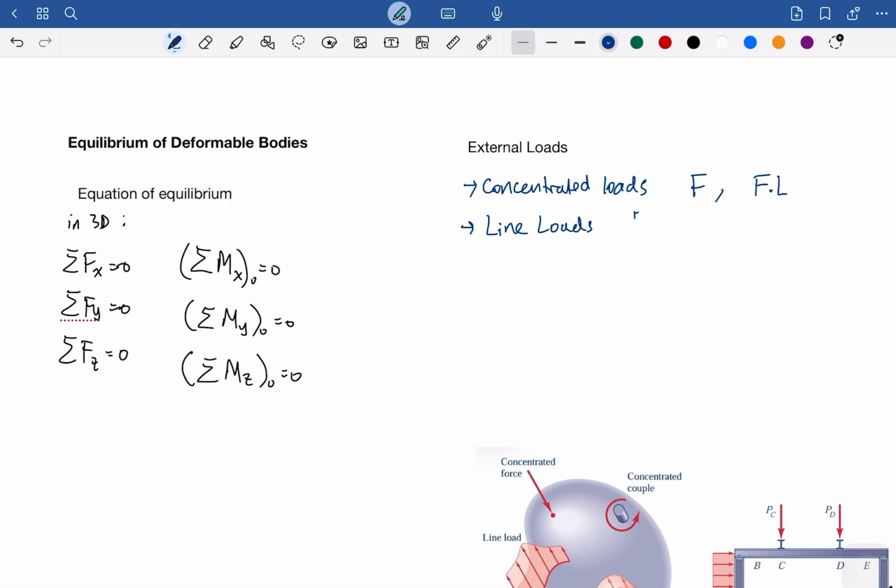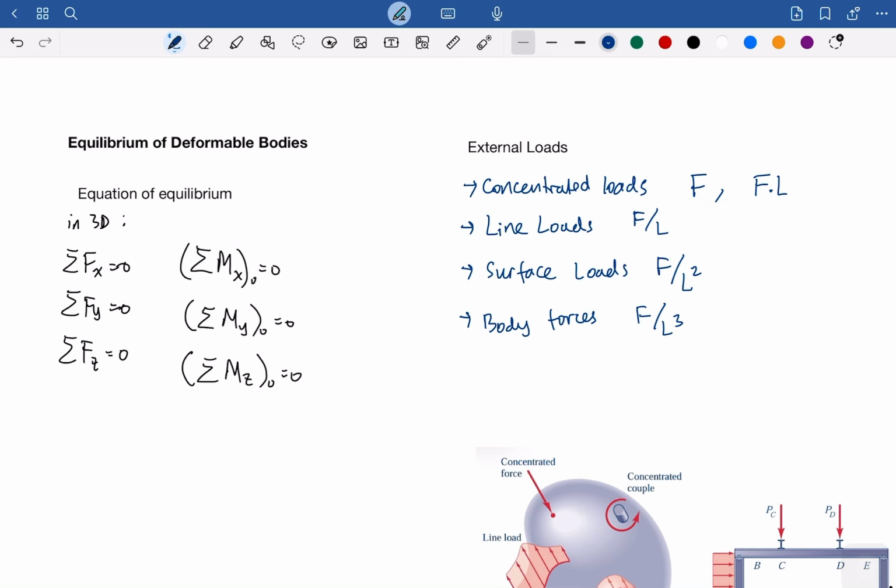So this will be F over L. And then surface loads, what does that mean? It means that it depends on the area of the surface. So F divided by L squared. And then also body forces, which is volume. So F divided by L cubed.